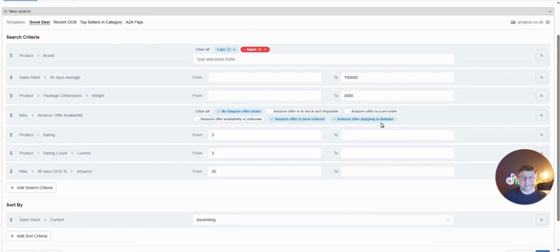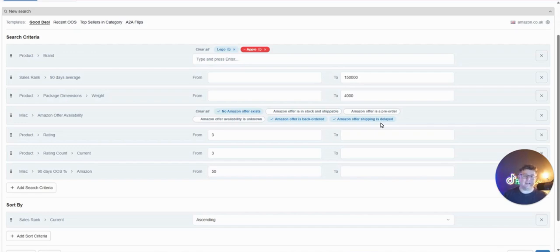But the Amazon offer is a back order and Amazon offer shipping is delayed. These ones can be a little hidden gem. If you utilize these ones, this means that you could be sending your product into Amazon and potentially getting the buy box over Amazon because your shipping will be a lot faster than if it was a back order or if the shipping of the product is delayed.